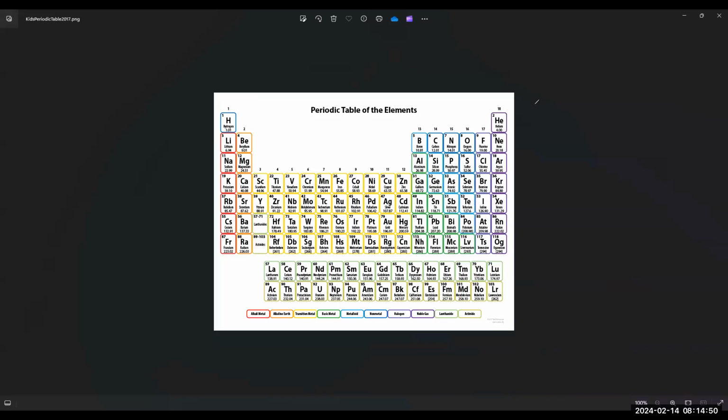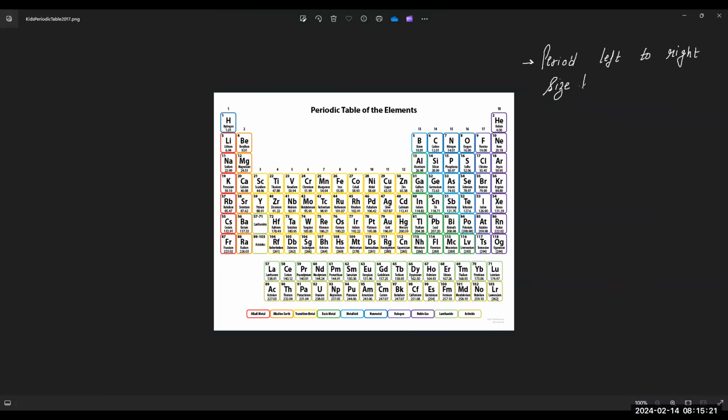Okay. Let's write down period. Period means left to right. Size. Does size increase or decrease? Answer this question now. Because you're not answering questions, I'm repeating everything.